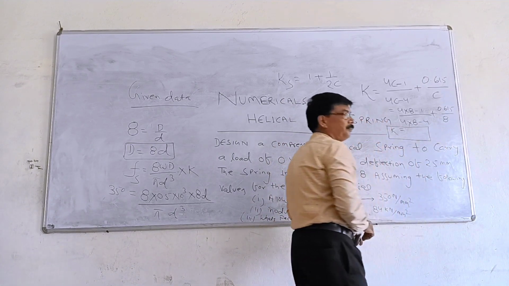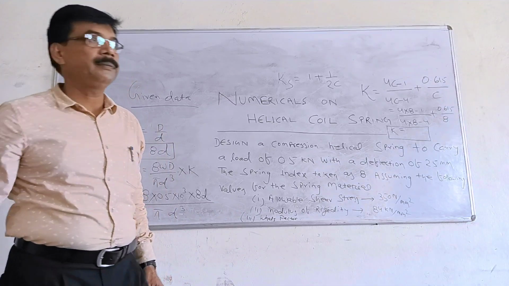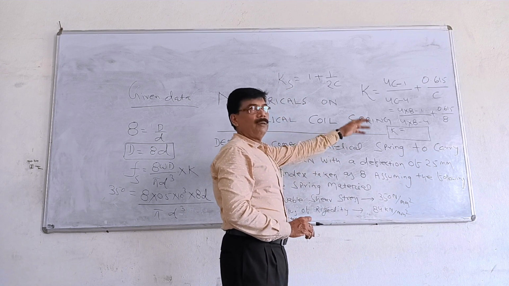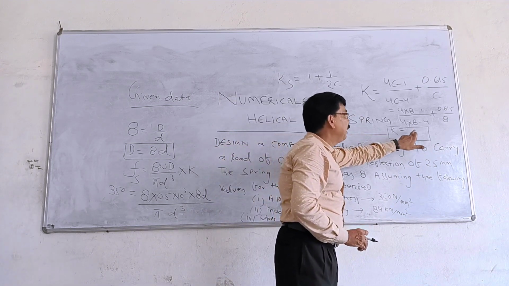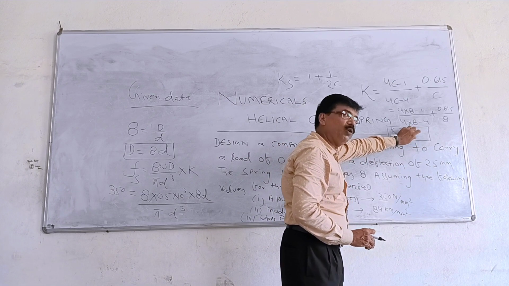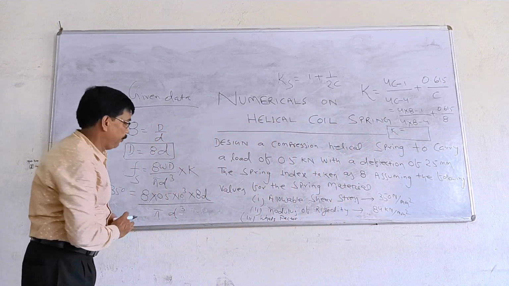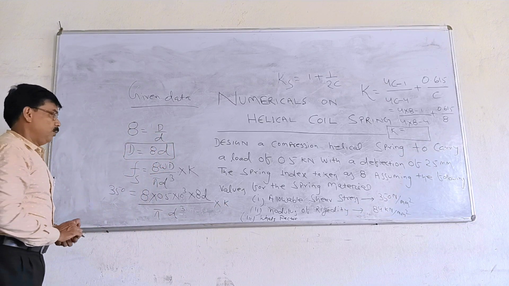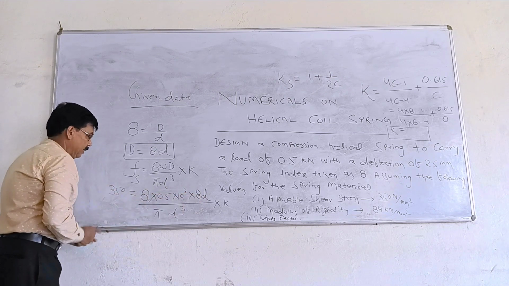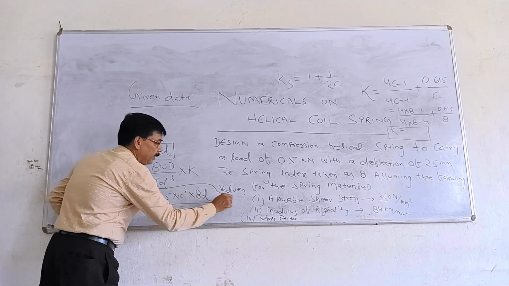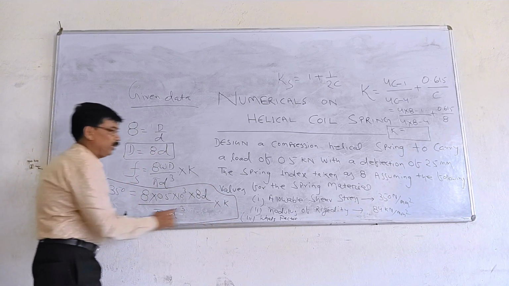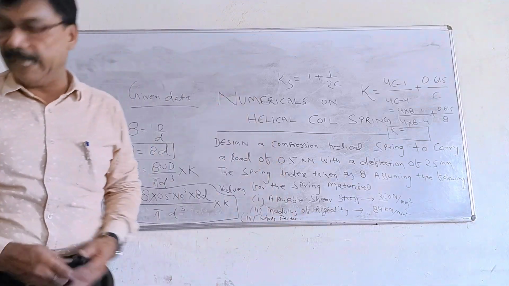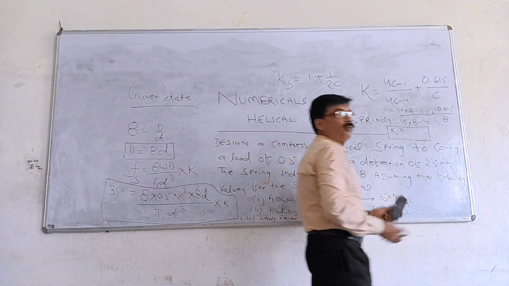So after calculating this you will get the value of K, and after finding this value of K, put it here into the formula. The K value is 1.18.